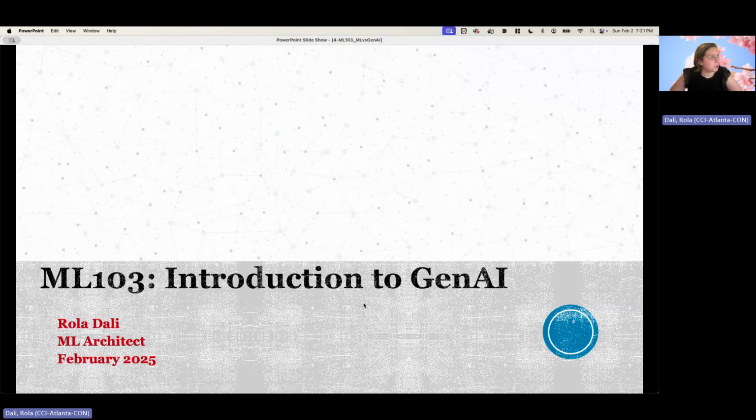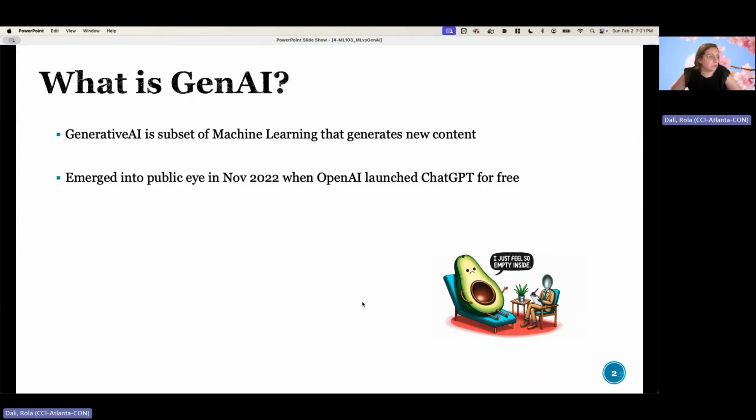Okay, so what is generative AI? Generative AI, like we said before, is a subset of machine learning algorithms that generates new content. In a lot of predictive ML, the output of the model is pretty constrained.